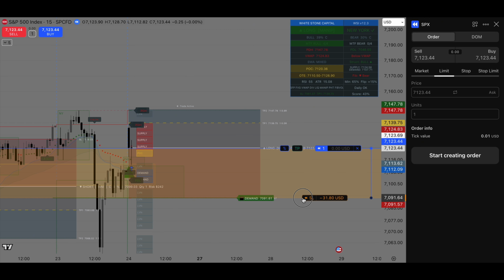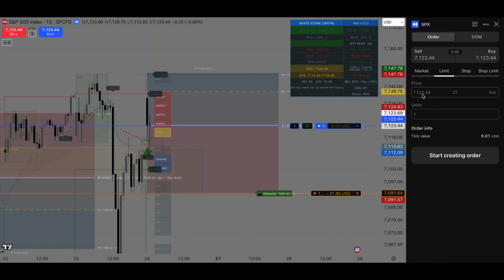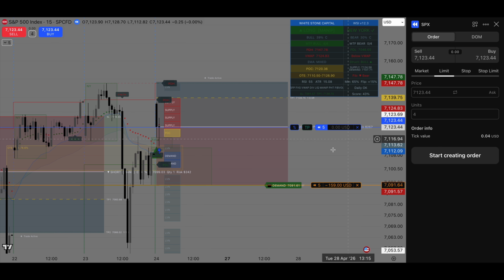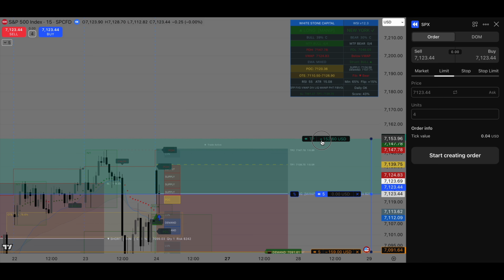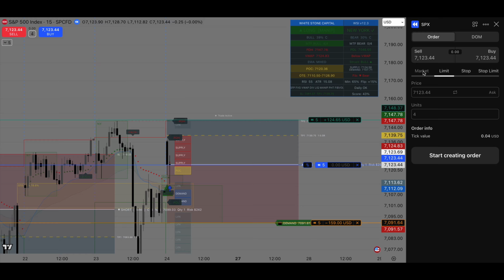We want to move our stop down, and obviously we can increase the risk if we want to. So let's say I'm more comfortable with 5. Let's go ahead and buy. I'm risking $150, and here we have our TP2. So the risk to reward isn't the optimal level, but we have our stop loss where the position becomes invalidated.